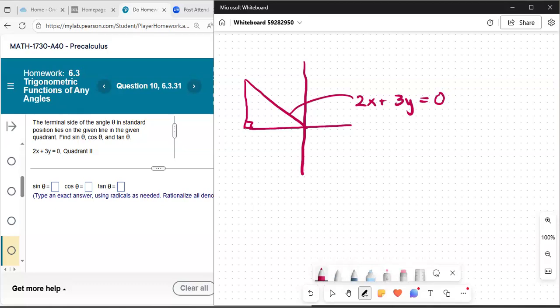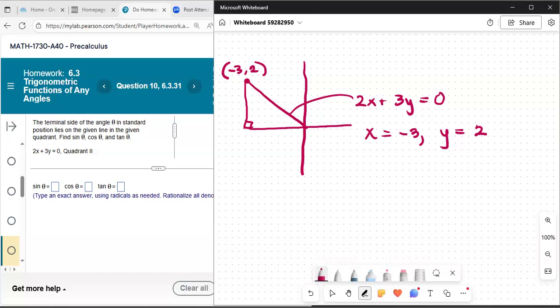What we could do is let x equal -3 and y equal +2. So that would cancel things out. That would be -6 plus 6 is 0. So that works. So I'm going to put that point, (-3, 2).